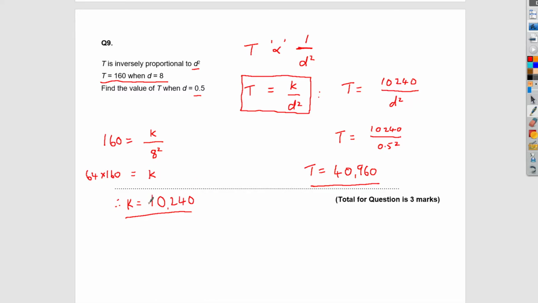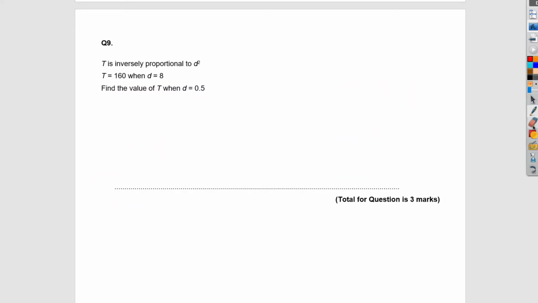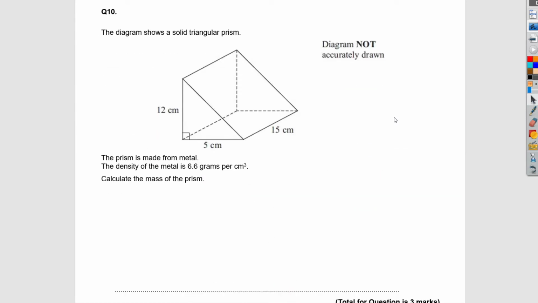Then sub that value into this formula, so it makes a formula relating t and d. Then when the question gives you certain values, sub those in and work out what the value of t is. Simple. Okay, let's just clear this and move down onto question 10.